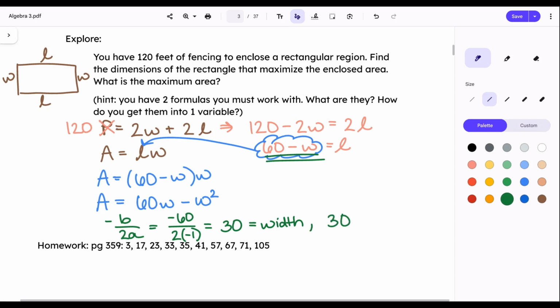So 30 is also going to be my length. Okay, how would you find the area then? You multiply them. So what is that? 900. And what are we labeling this with? Feet squared.